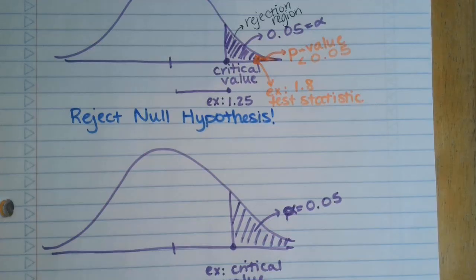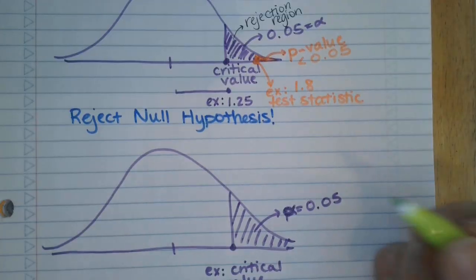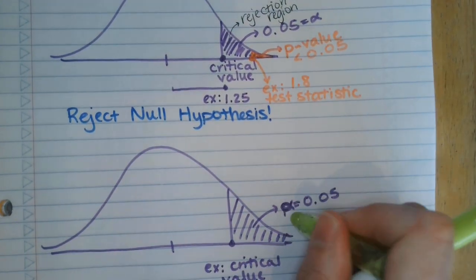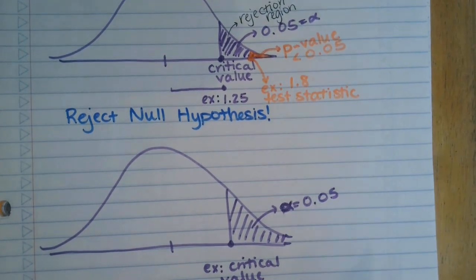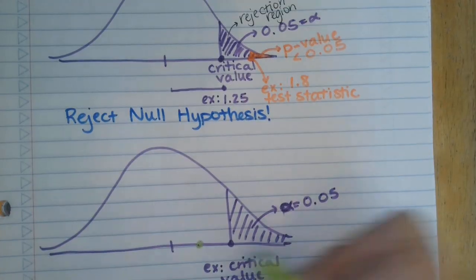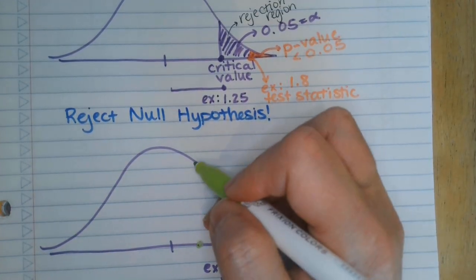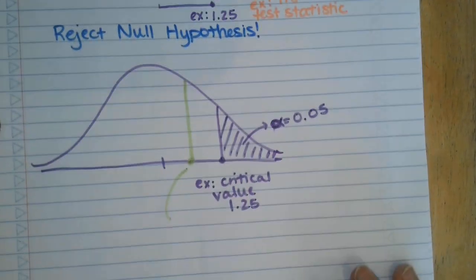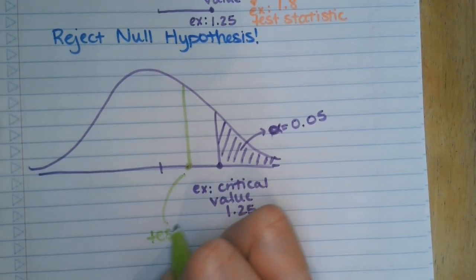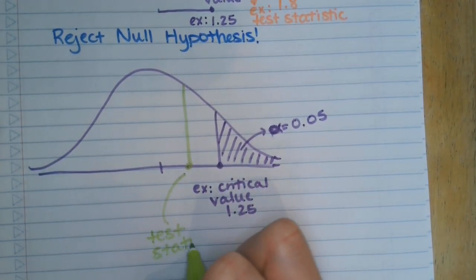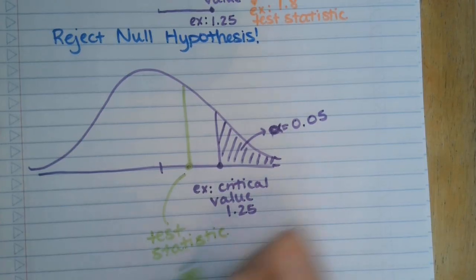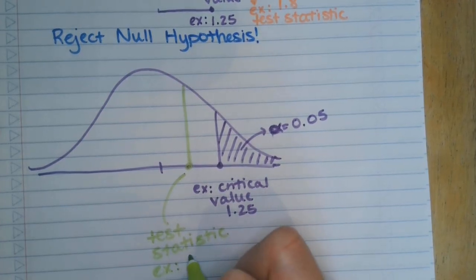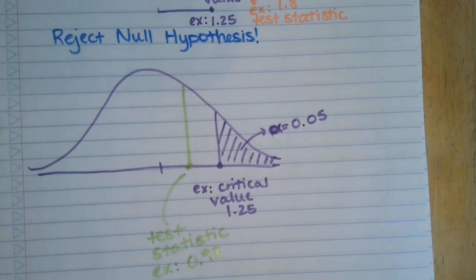Well, what if now I find my test statistic and my p-value, and my test statistic, let's say, is here, okay? So now this is my test statistic. Let's say, for example, it is 0.93, okay?